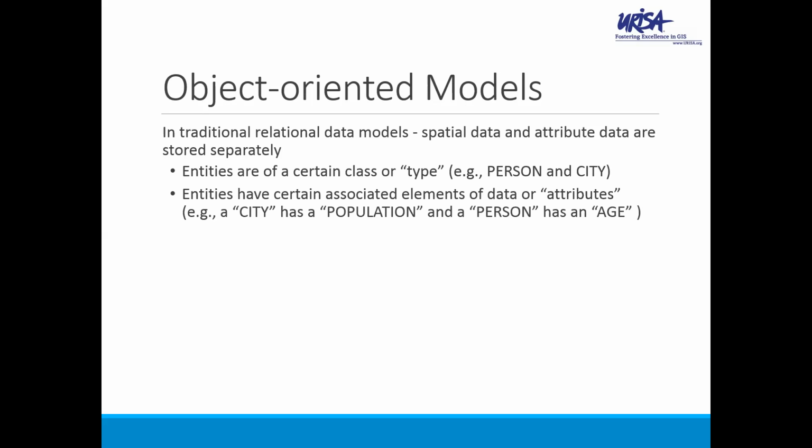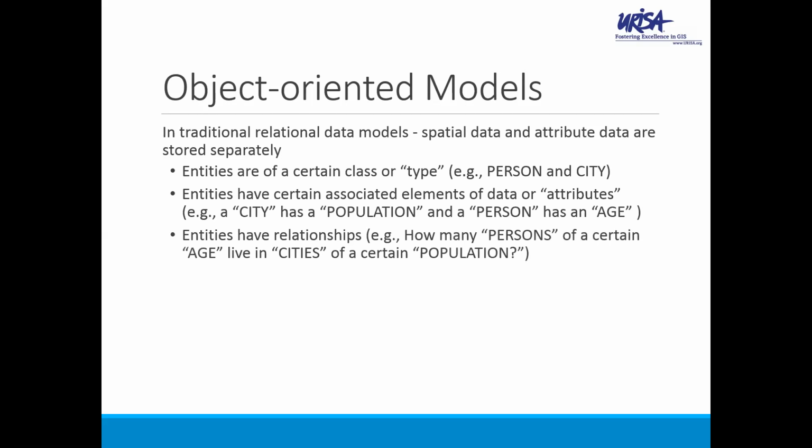So a person has an age, a city has a population. And then those entities have relationships between and amongst each other. How many people of a certain age live in a city having a certain population? And this is where relationships can be built and we can really start doing some meaningful analysis of our data.